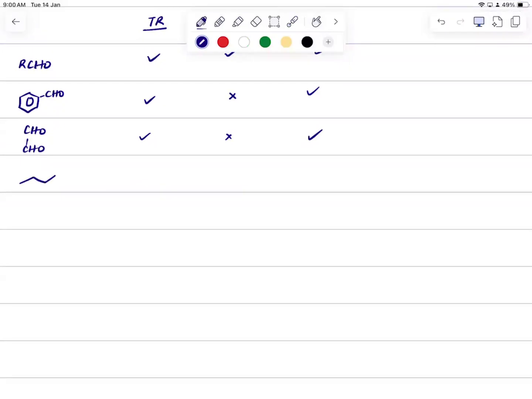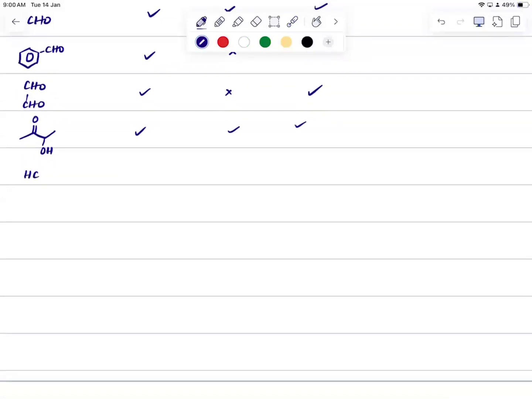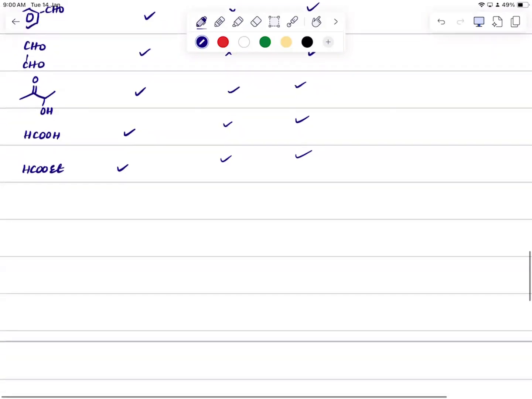Next, if you have alpha hydroxy keto, then all will give a positive test. And if you have an acid, still they will give positive. If you have an ester also, these three will give a positive test.